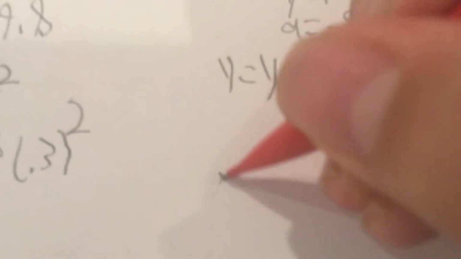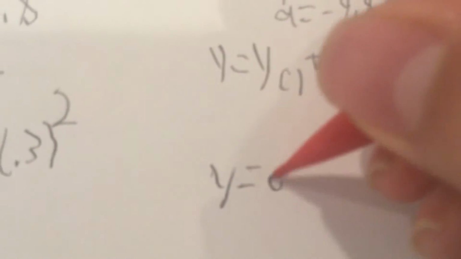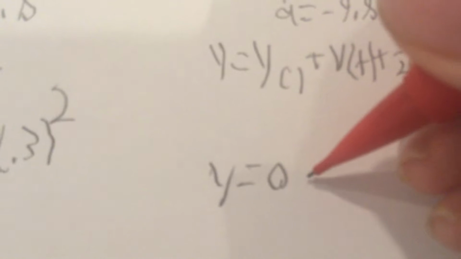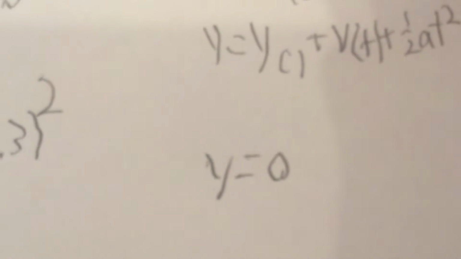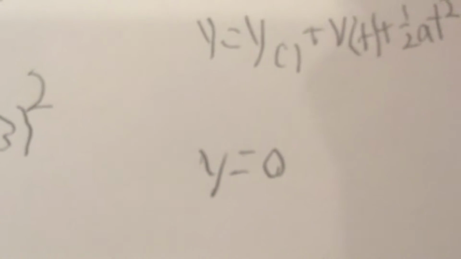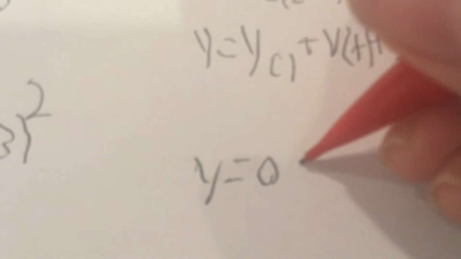We will find that y naught equals 0. The velocity is actually negative because it's falling down, so it's -8.